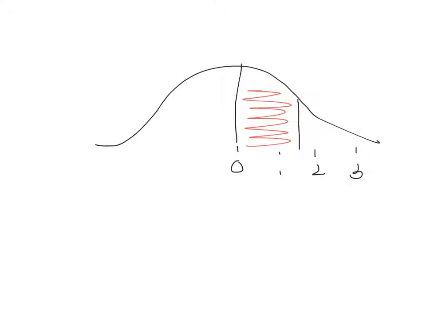So what we do whenever we want the area in between is we look up the area below each of the z-scores given. So the area below the higher z-score is 0.9394, and the area below the lower z-score of 0 is 0.5000.